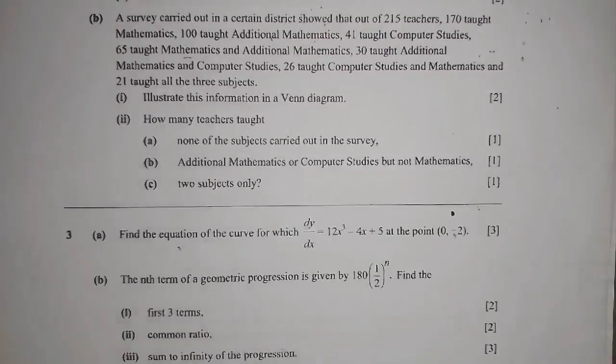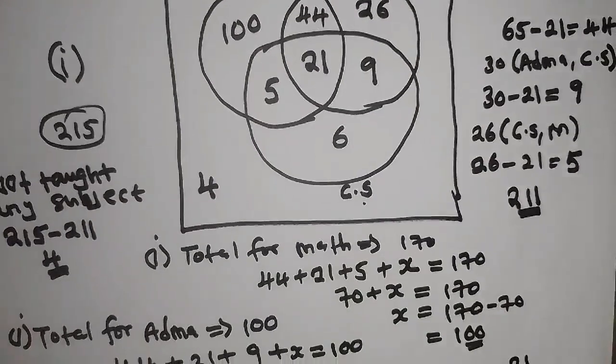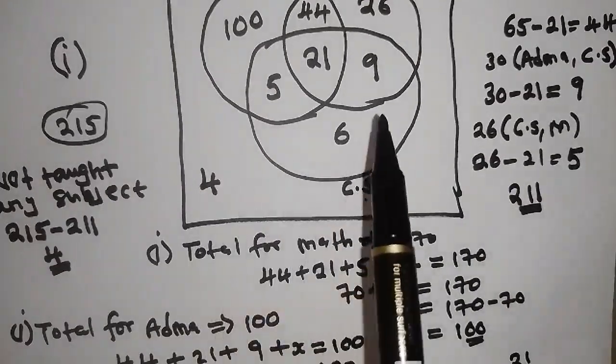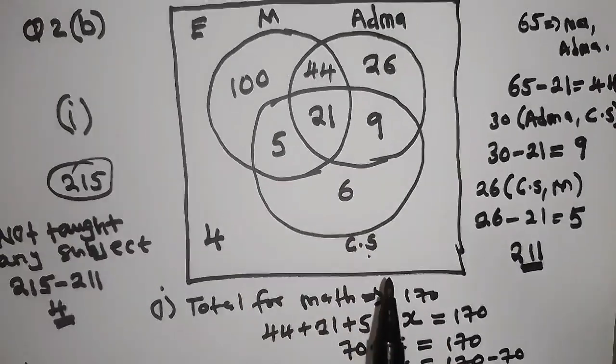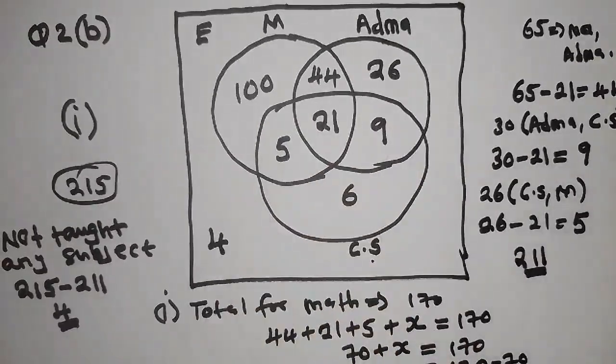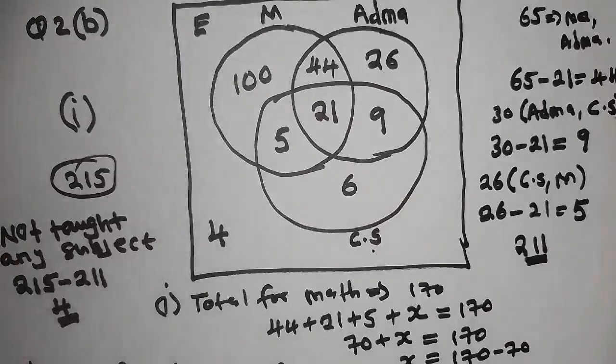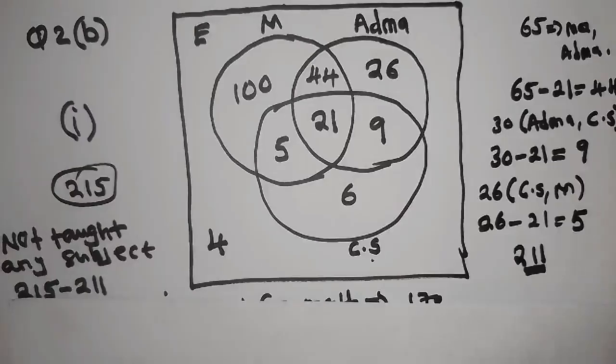Okay, so looking from this, it is just the 4 which does not belong to any specific subject circle.